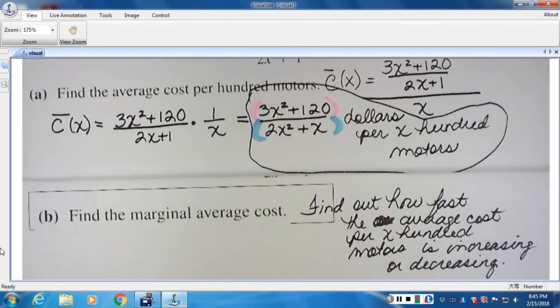You're very much interested in when it's decreasing, and you're even more interested in when it stops decreasing.